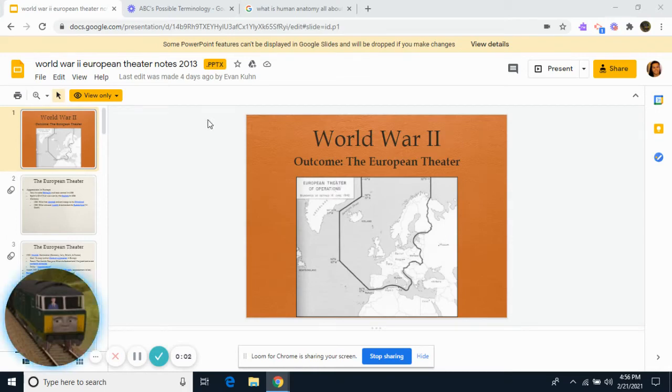Okay, welcome to part 28. Alright, this is what we're gonna do: the World War II European Theater Notes 2013. This was made previously, so we learned that on Friday, so 2 days ago actually.